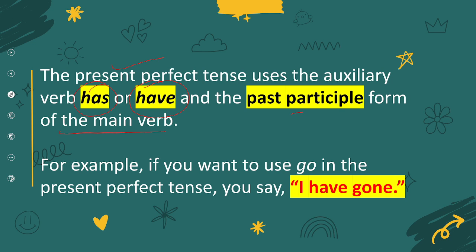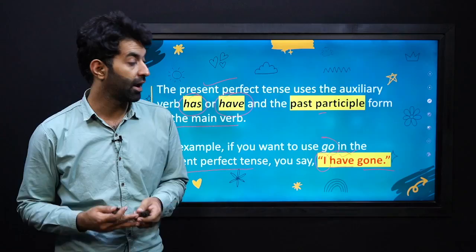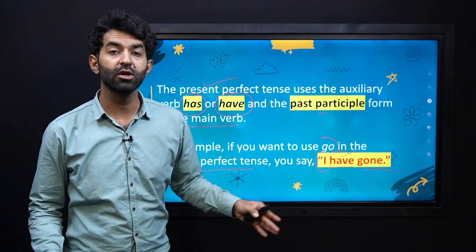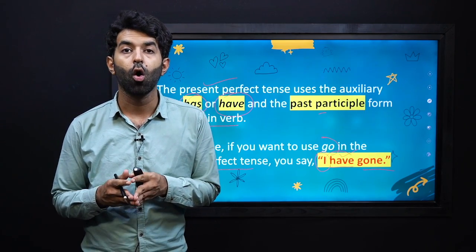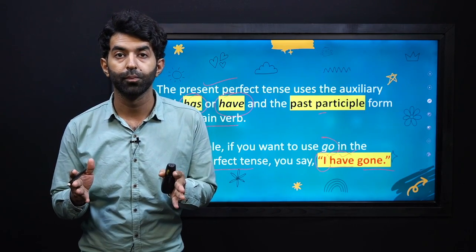For example, if you want to use the verb go in the present perfect tense, you will say, I have gone. Now you have used has or have. Here we will be using have because our pronoun is I. The subject is I. And we are then using the past participle form of the verb go.